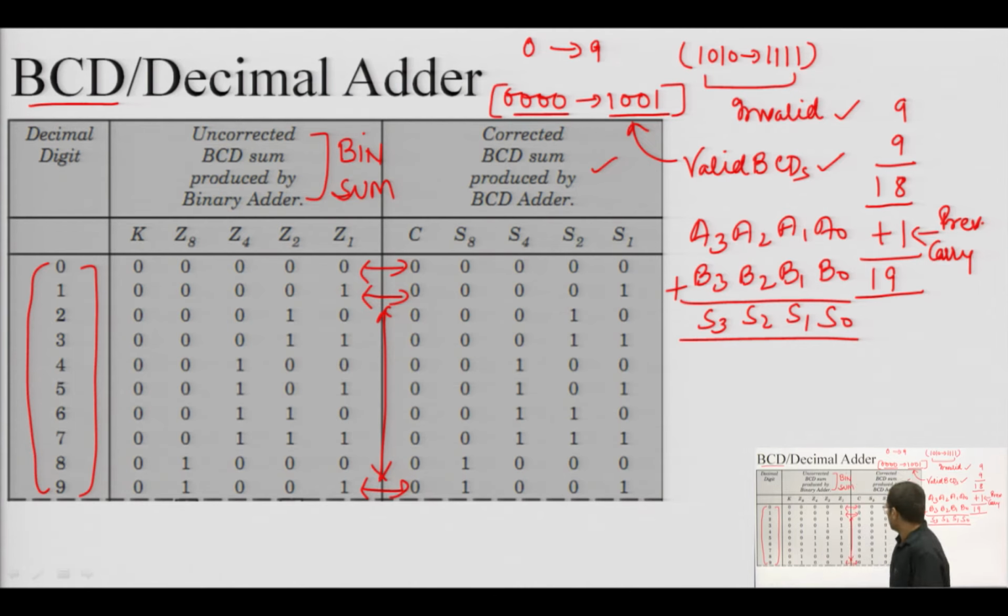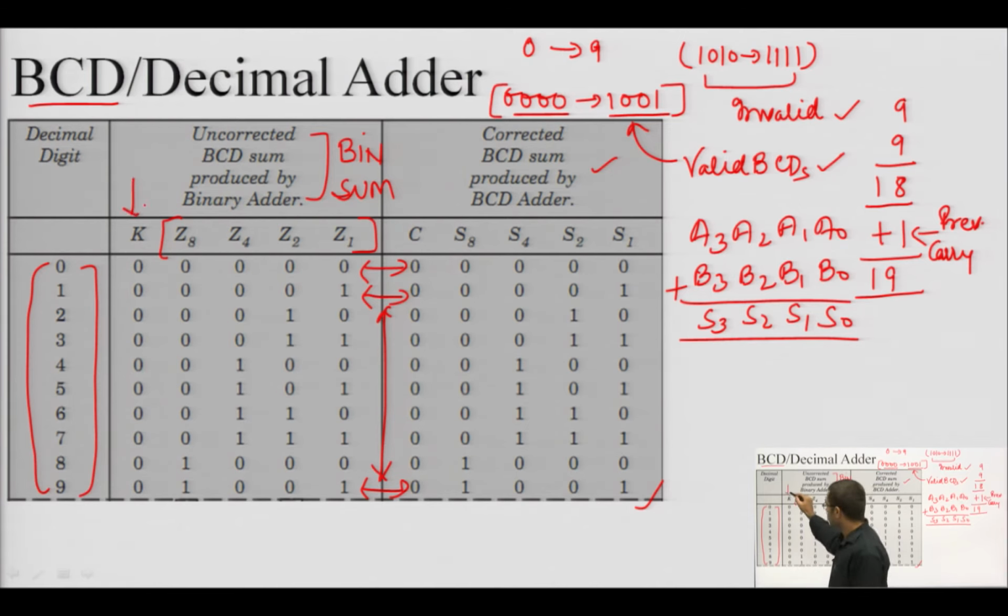So, we have prepared this table in this way. Z1, Z2, Z4, Z8 are used for representing the binary sum, and K is the binary carry.